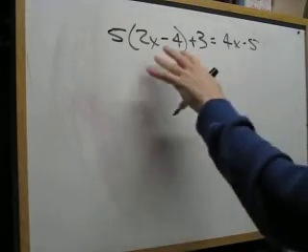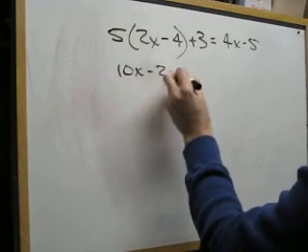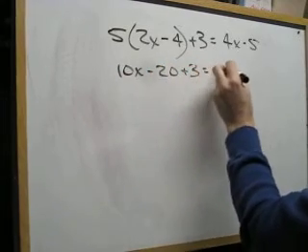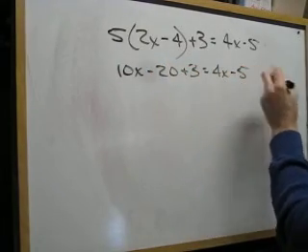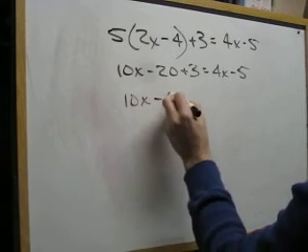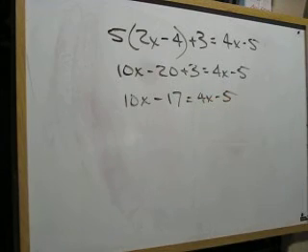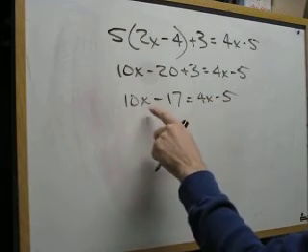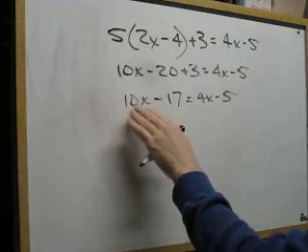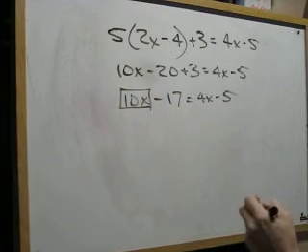Alright, so can't do anything inside the parentheses, so we distribute. Okay, combine like terms. Okay, the variable with the biggest number, I'm going to leave that alone. Try to isolate this whole thing first before I try to isolate the x.